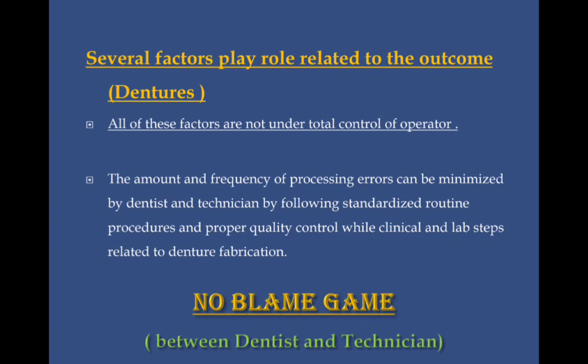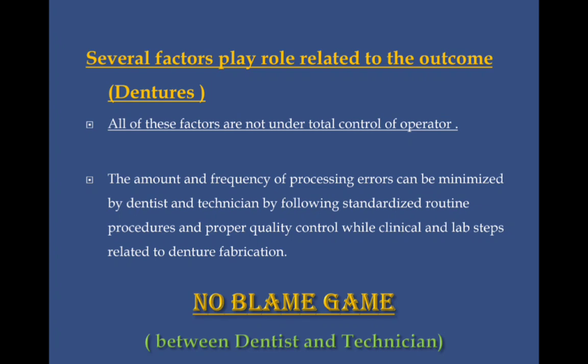Then your faulty teeth arrangement. Again, if the teeth arrangement is faulty and ignored, or you are not giving a balanced occlusion, which is indicated in a complete denture patient, that can happen due to not proper communication with the dental technician, or maybe giving the work to a technician who is not skillful enough.